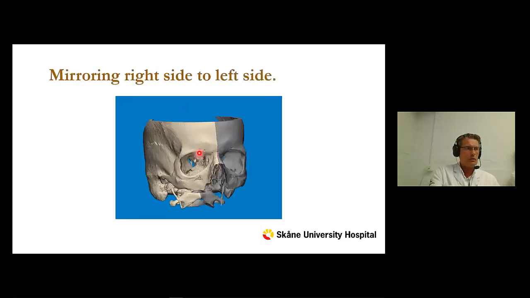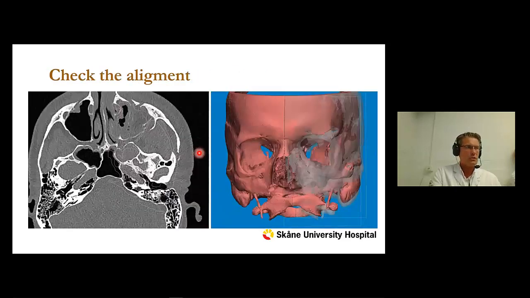I mirrored the yellow one over to the right side, and it looked like this. To calibrate this position, I re-imported the model into the CT scan, and you can see it's lined up quite symmetrically.